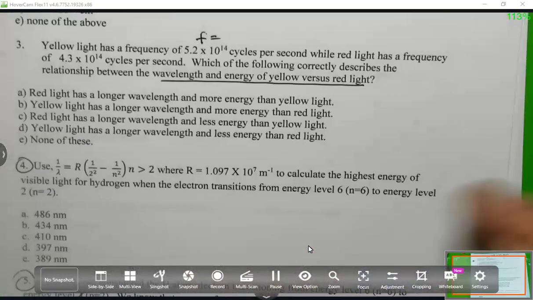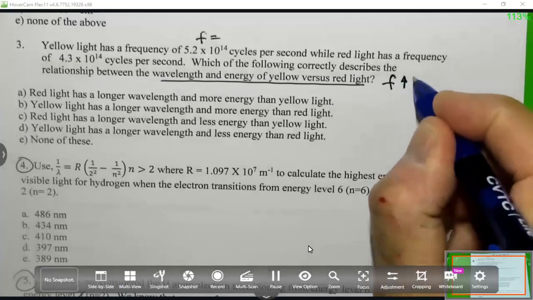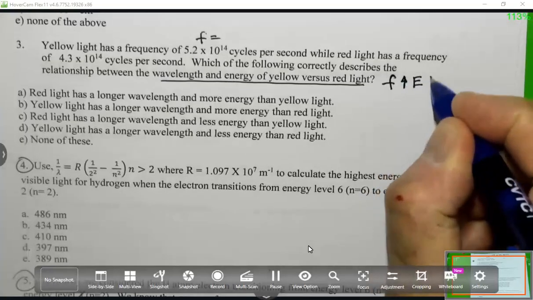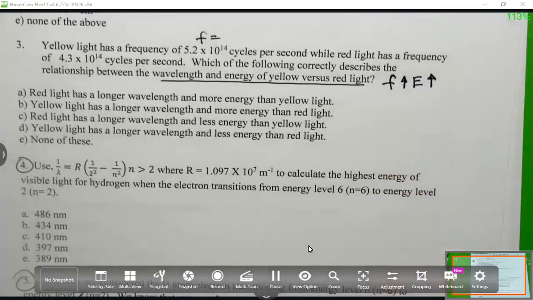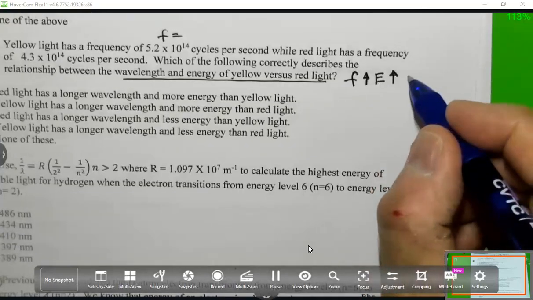Now, we know that if it has a high frequency, it has high energy. If it has a high frequency, it's going to have a shorter wavelength.